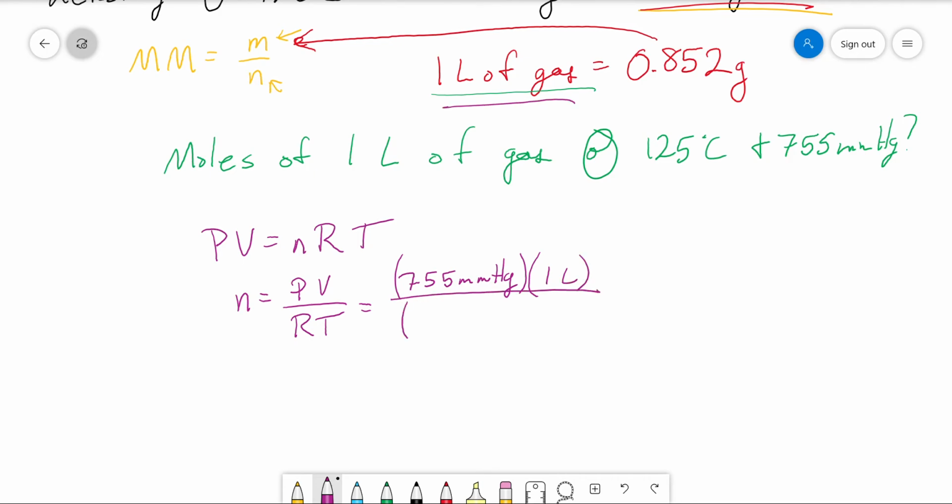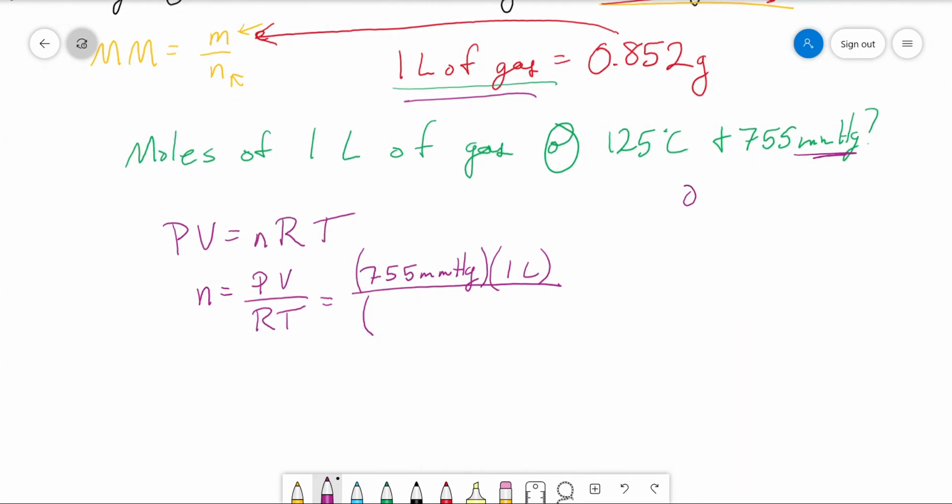All over R. Uh-oh. We have millimeters of mercury, and R is 0.08206 liters times atmospheres per Kelvin times mole. We can't use it because of the atmospheres and the millimeters of mercury. There are 2 ways to fix that problem.